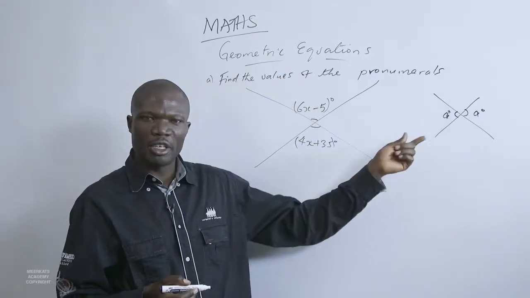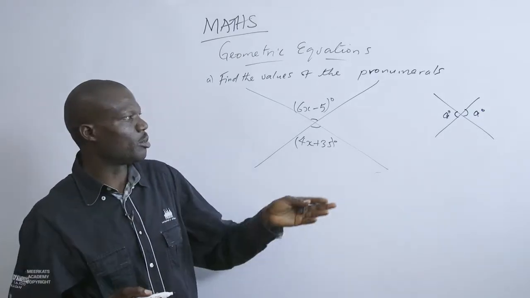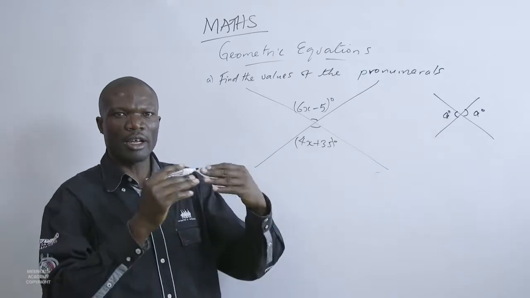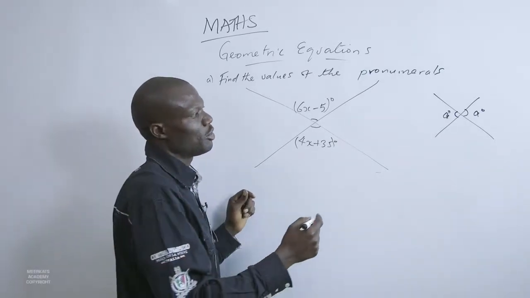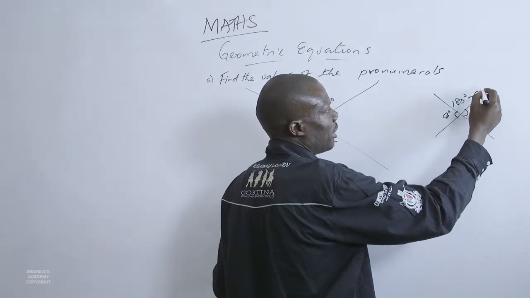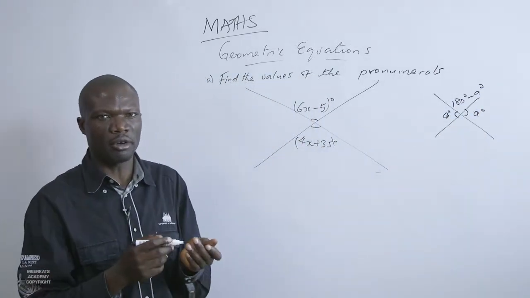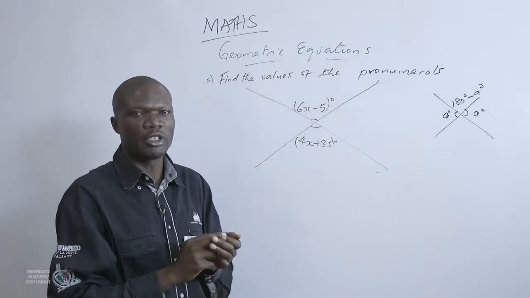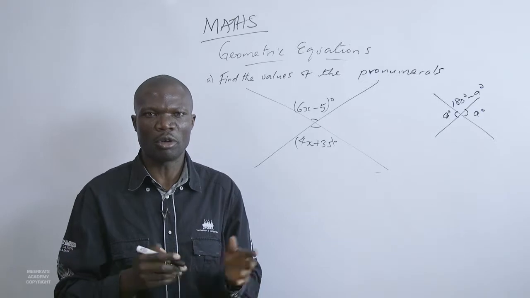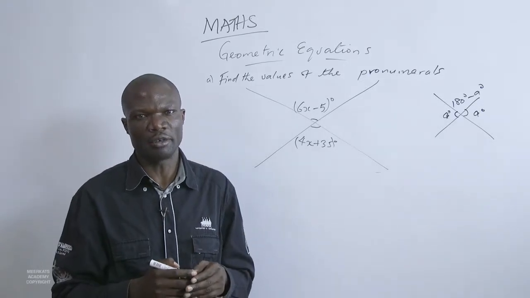Therefore, given the angle on this side, you can find the other one. And the angles that lie on the same straight line will be 180 degrees minus the unknown pronumeral, simply because it is always known that angles on a straight line add up to 180 degrees.